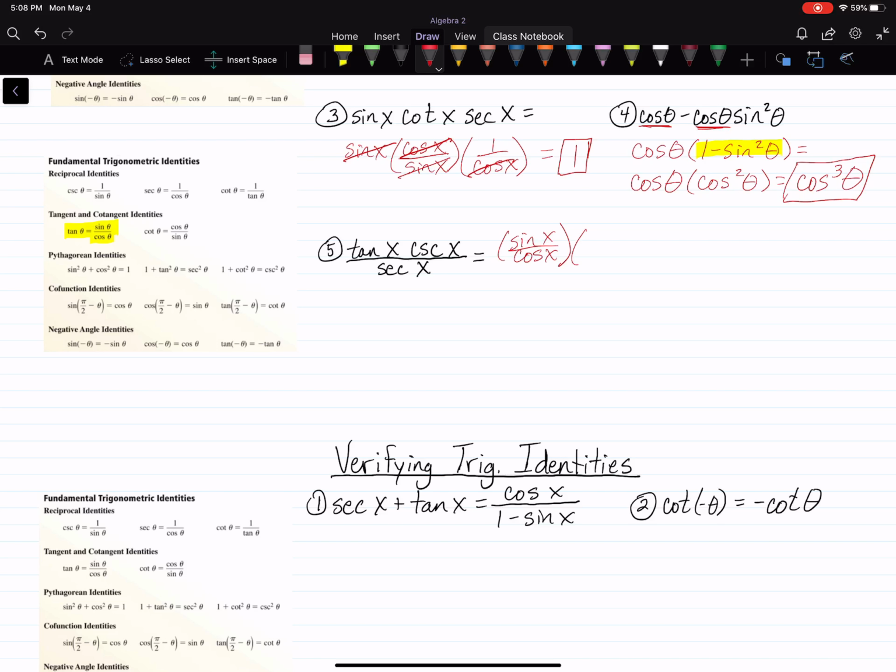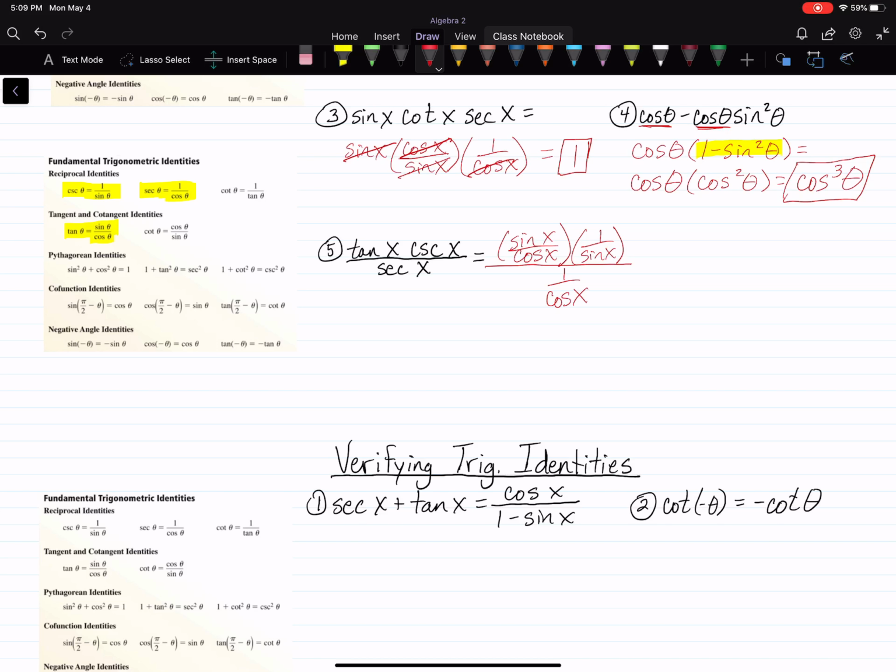Cosecant is right here. It becomes 1 over sine x, divided by secant x, which is 1 over cosine x.